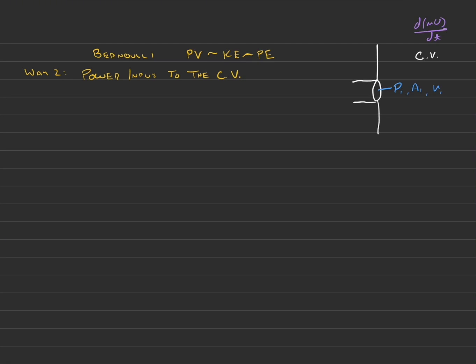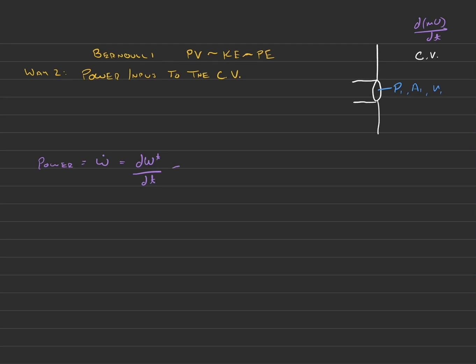So let's go ahead and define power. Power, as it's always been, is the work rate, the rate of change of energy. You could also define it as the change in work over change in time.